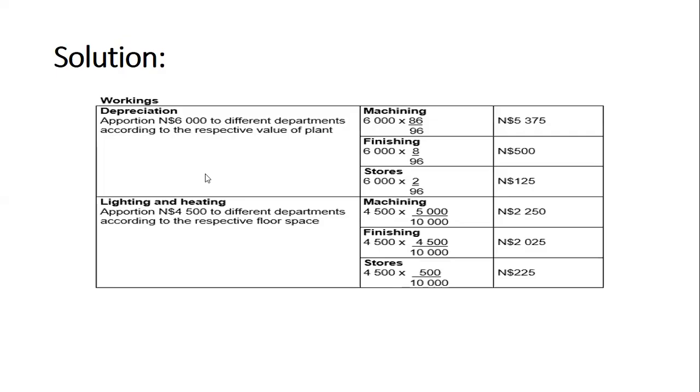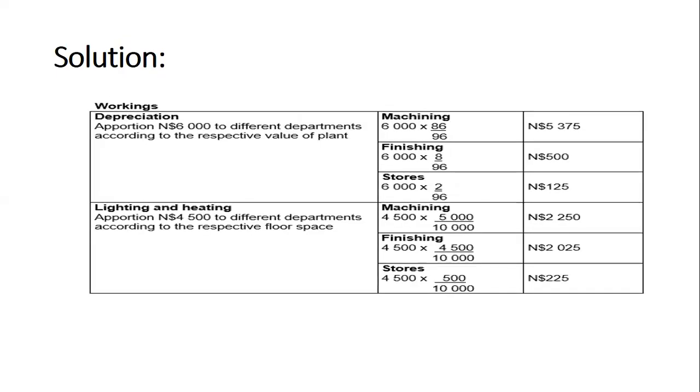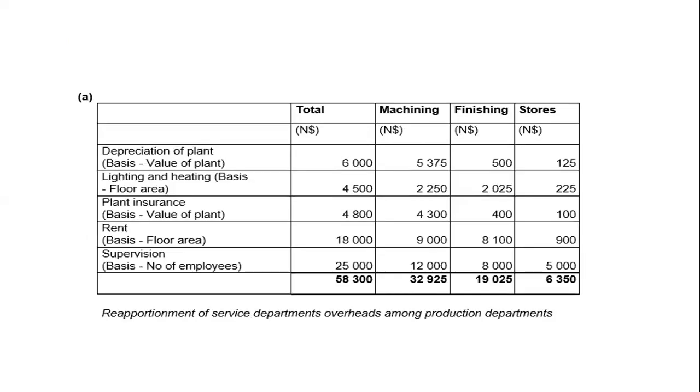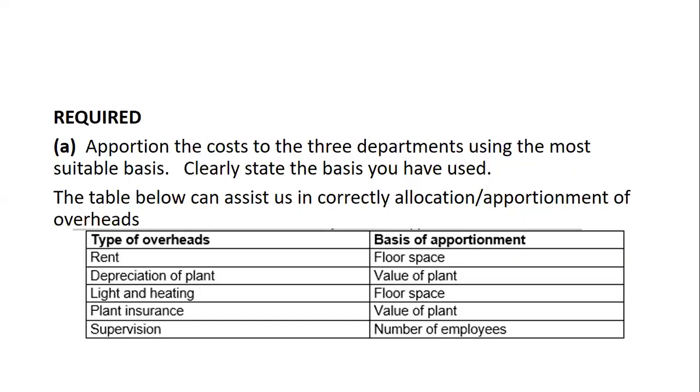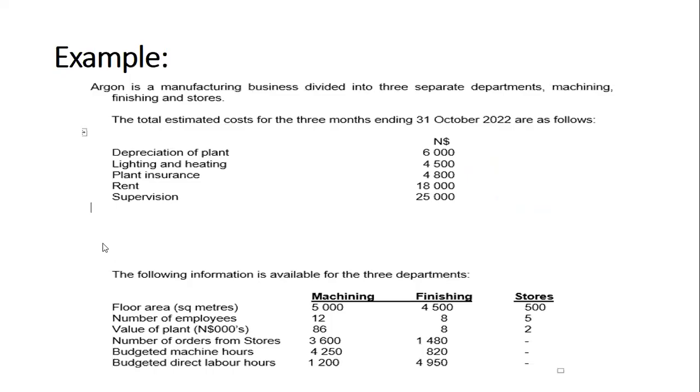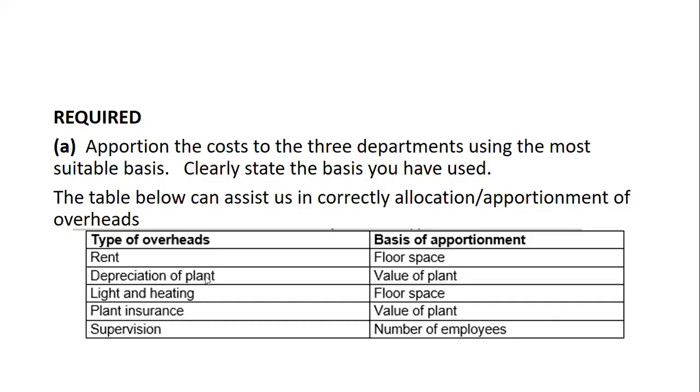Same again with some other overheads. Like, let's go to plant insurance. For plant insurance, the basis of apportionment we're using is the value of plant.